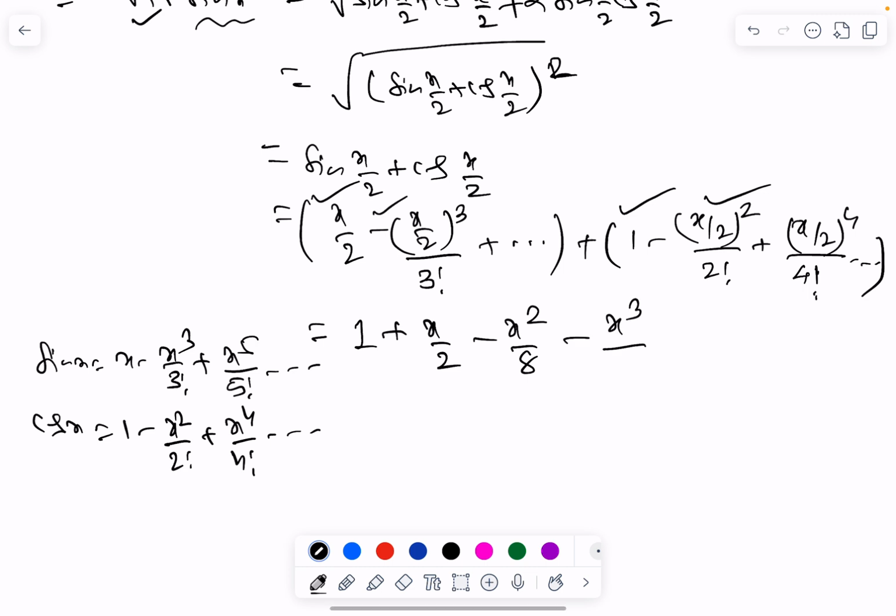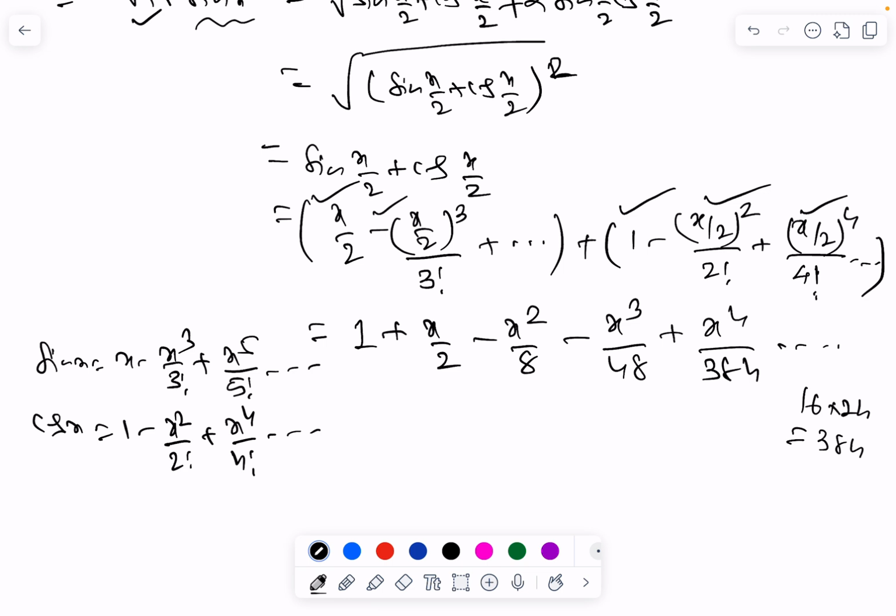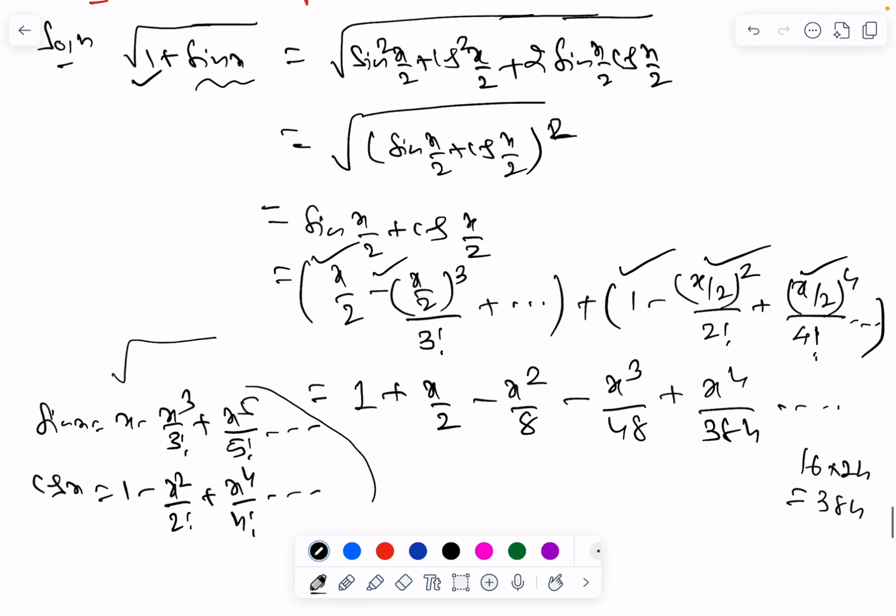Now 2 cube is 8 and 6 here, so that is 48 and so on. So plus here x power 4, 2 power 4 is 16, 4 factorial 24, and so 16 into 24 is 384. So this is 384 and so on. So this is the series of root of 1 plus sin x.